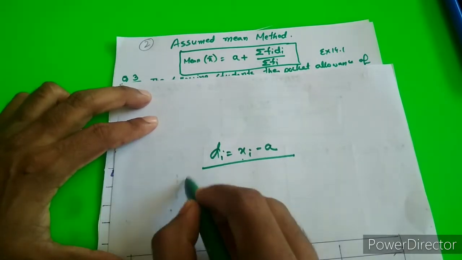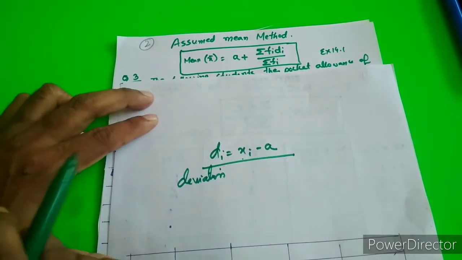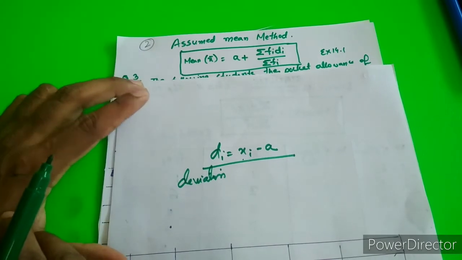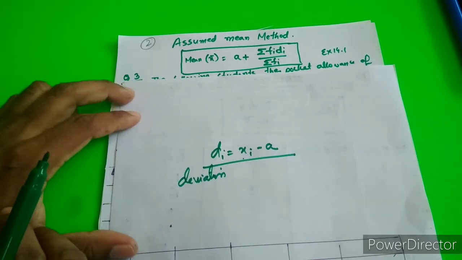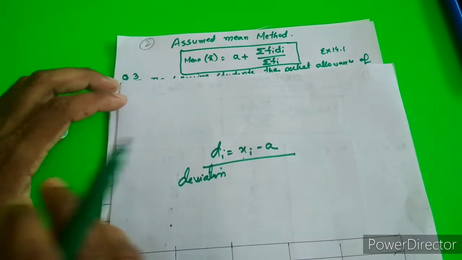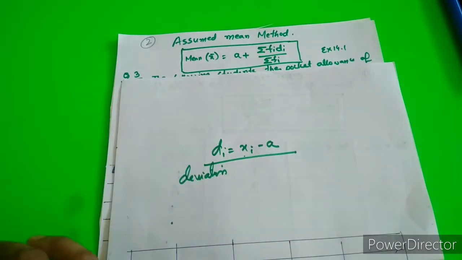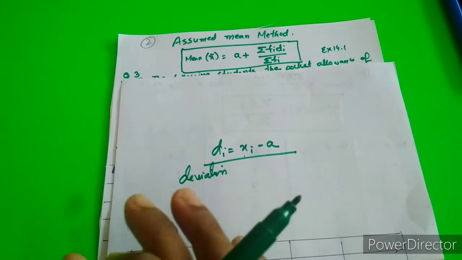Now, what is di? Di is called deviation. For example, we are going to a shop buying a product which costs 99 rupees. If we pay 100 rupees, the shopkeeper says he doesn't have change to return 1 rupee. Then you say, okay, you keep it. Since the difference is 1, we are neglecting it.